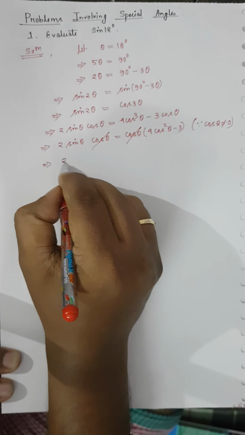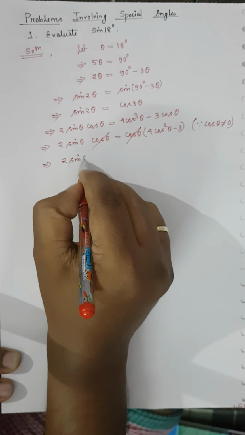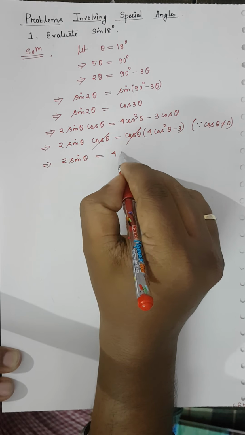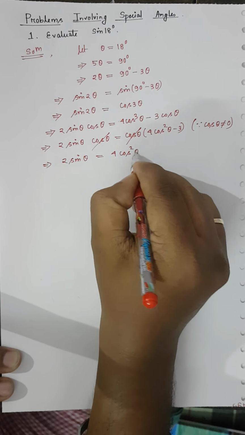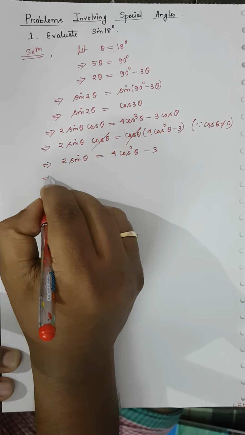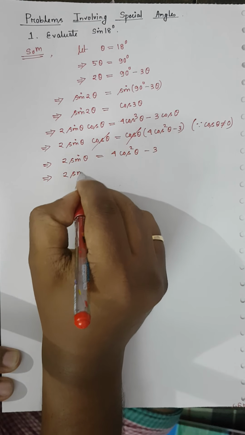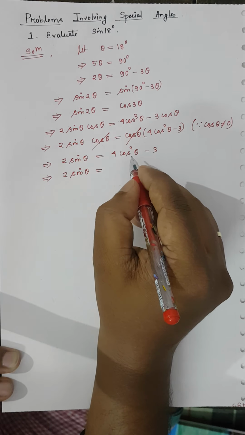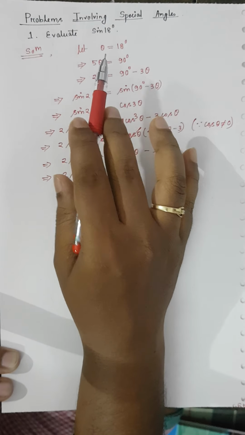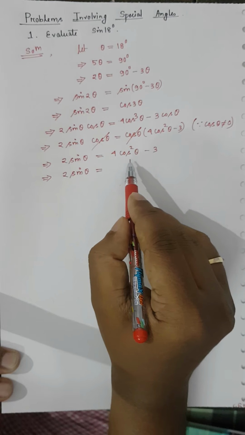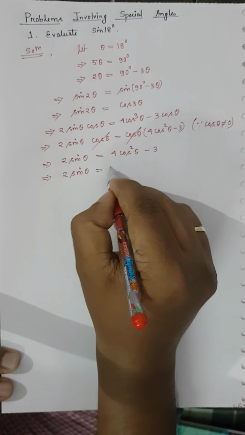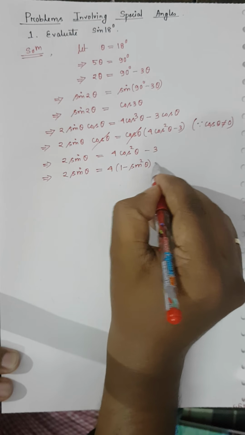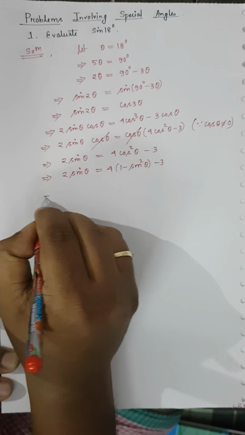Now I am getting 2 sine theta is equal to 4 cos square theta minus 3. We need to find the value of sine 18 degree. So if I express cos theta in terms of sine, I will have 4 into 1 minus sine square theta minus 3.